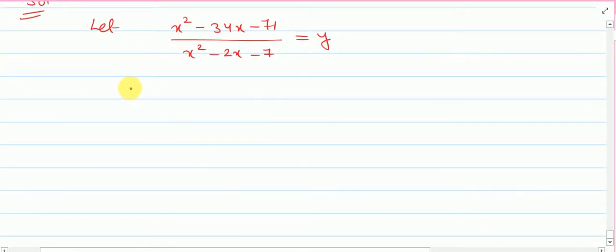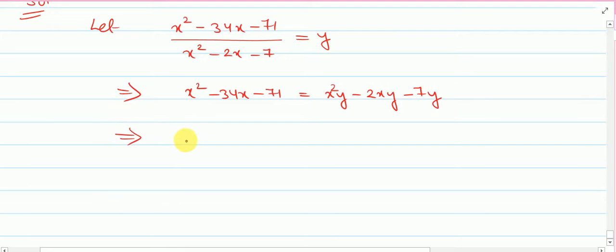Now you do cross multiplication. So you get x square minus 34x minus 71 is equal to x square y minus 2xy minus 7y.